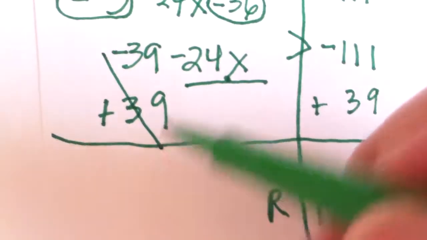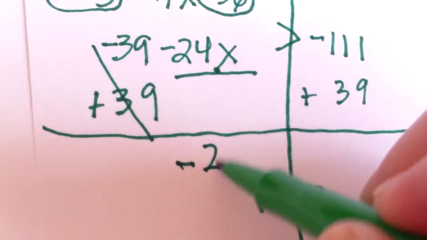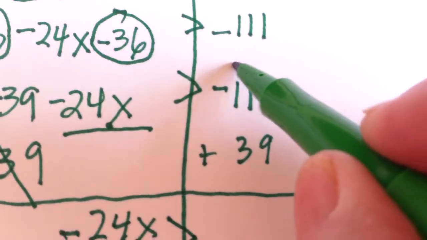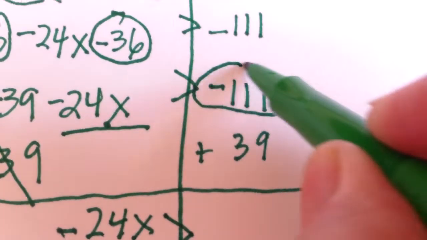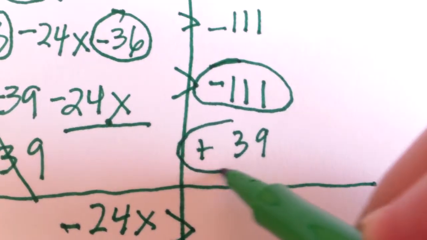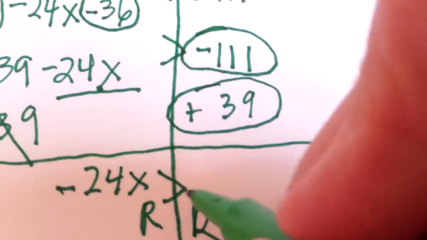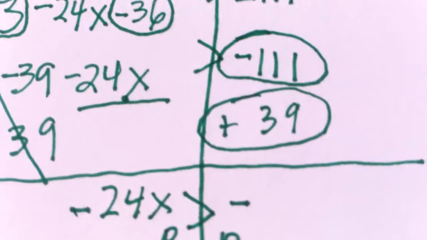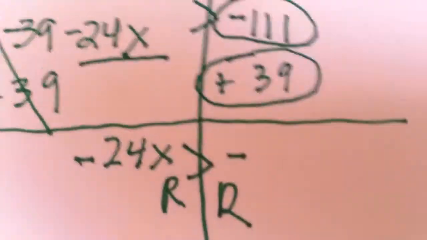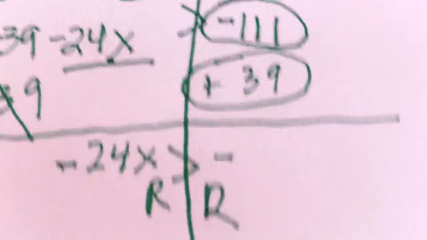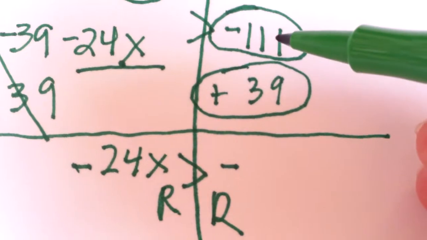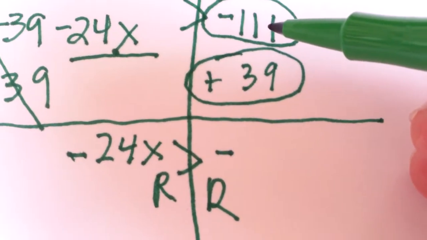And these are going to cancel out, and I'm left with negative 24x is greater than, now be careful here, you got a whole bunch of negatives and not as many positives. So you're going to have a bunch of negatives with no partners. How many? Well, if I subtract these two numbers, it's going to tell me how many negatives I have left over, because these 39 positives are going to grab 39 negatives and partner up with them.